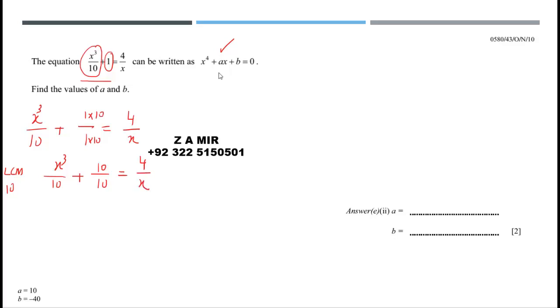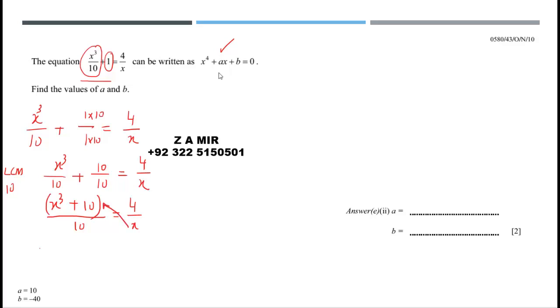Okay, now because denominators are same, it is single common denominator. X cubed plus 10. Now 4 over x. Now we have single fraction on left hand side, single on right hand side, cross multiply. So let's multiply this x with this whole one.